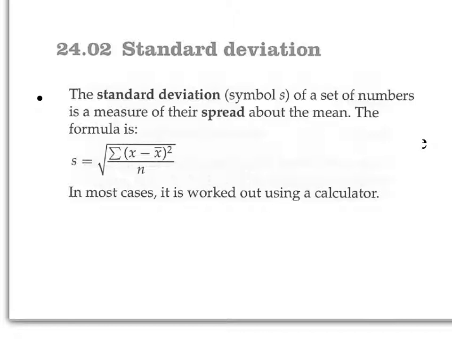So the standard deviation, the symbol is an S, or the Greek S, sigma, which I haven't drawn very well. The Greek sigma is a kind of circle with a bit on top.